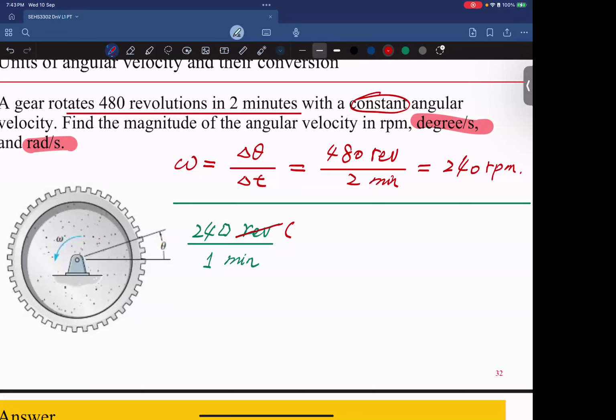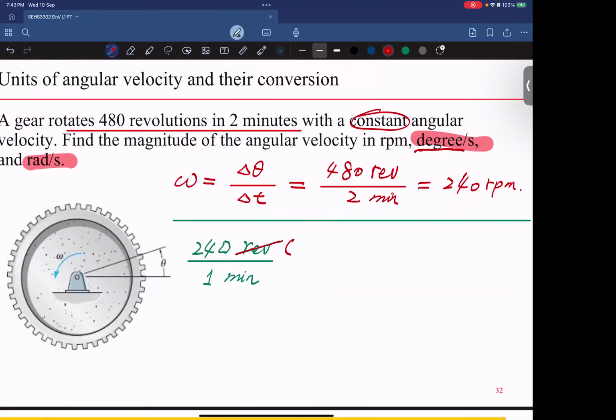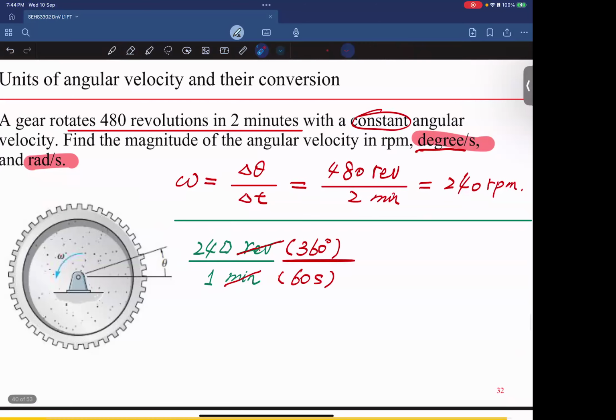1 revolution, let's take it in degrees, is 360 degrees. And 1 minute we can also replace, 1 minute is 60 seconds, equivalent. Now revolution and minute disappear, and we have degrees and seconds.